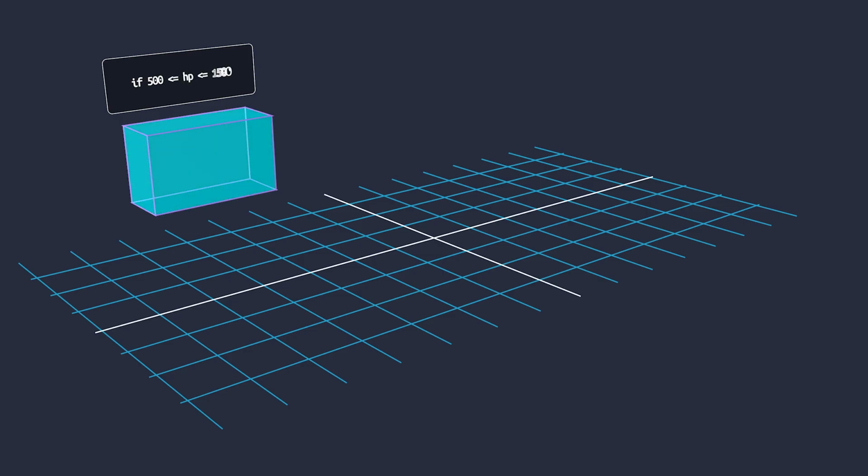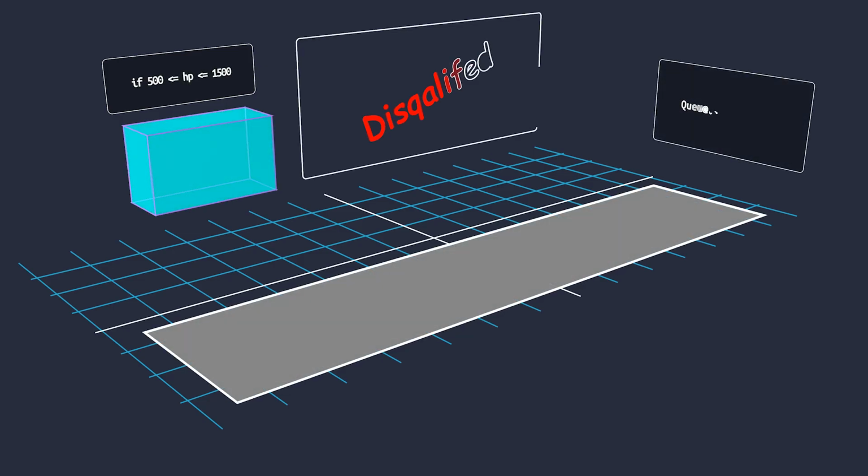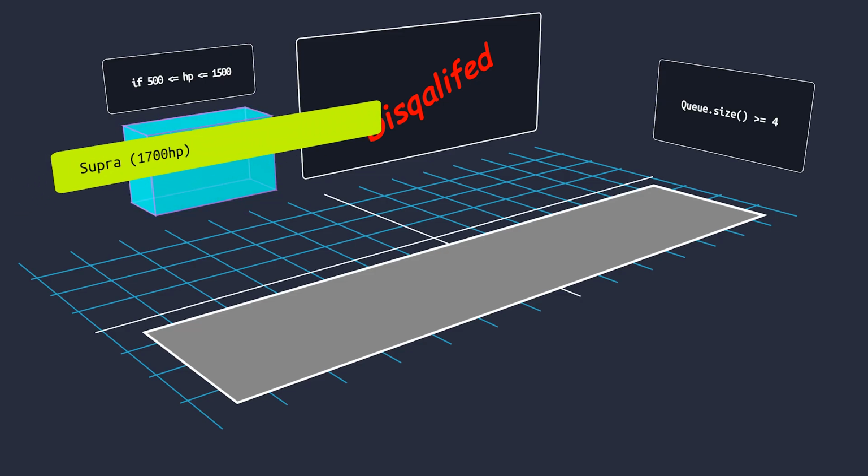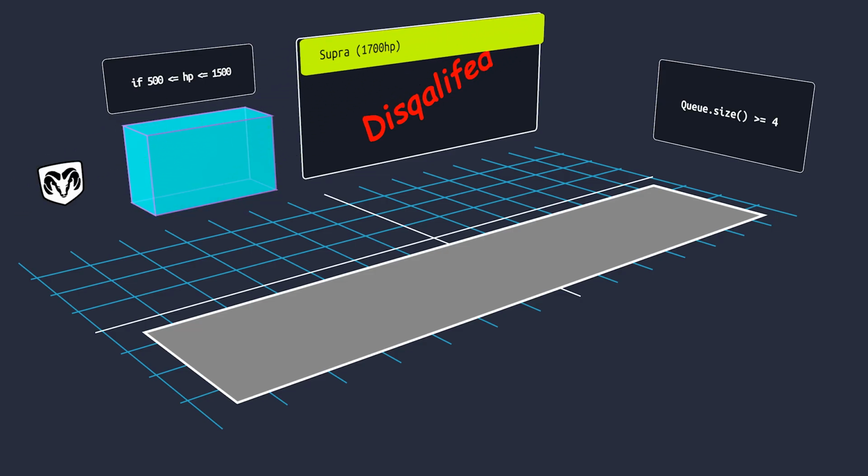And so that you can better understand queues, pretend that you're building a matchmaking app for the drag racing track, of course. Here's the idea of the app. Participants can join a matchmaking queue to find other drivers for a drag race. But if their vehicle is less than 500 horsepower or more than 1500 horsepower, they'll be disqualified from the race, just like that Supra.